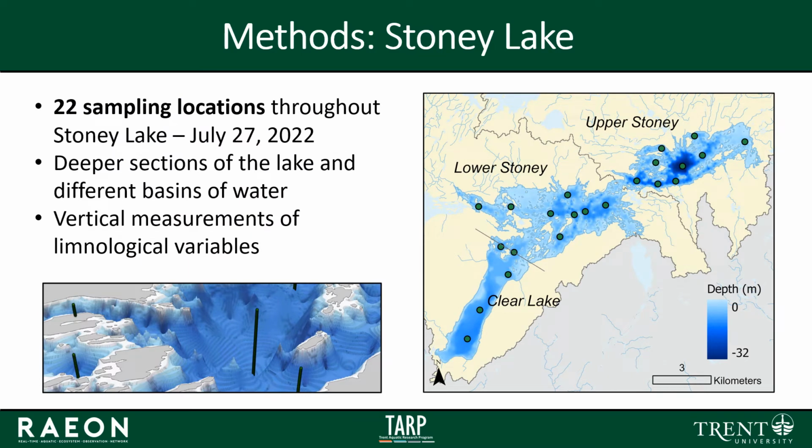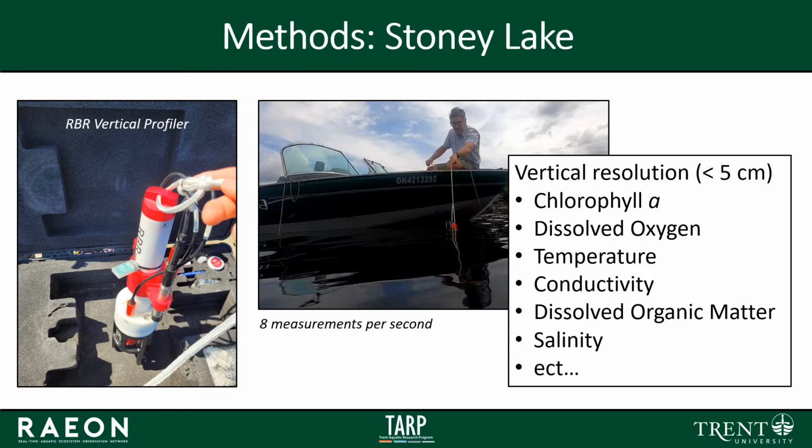So to better understand this within lake heterogeneity in Stoney Lake, we went out and sampled 22 locations across the lake this past summer. We targeted these locations to the deeper sections of the lake and ensured that there was representative sampling in each of the three basins. At each of these locations, we took vertical measurements of various limnological variables using a vertical profiler.